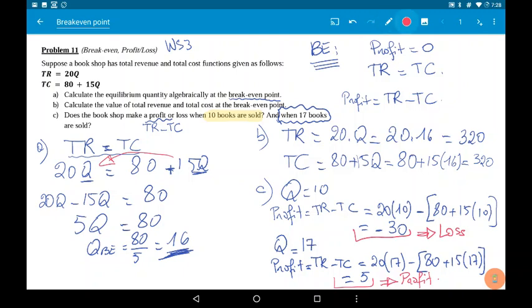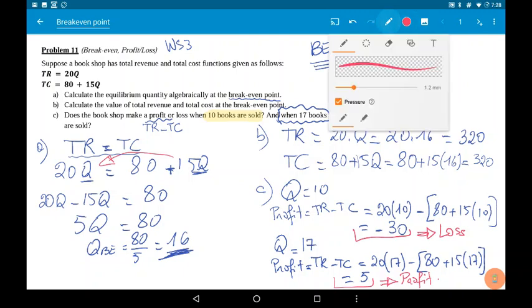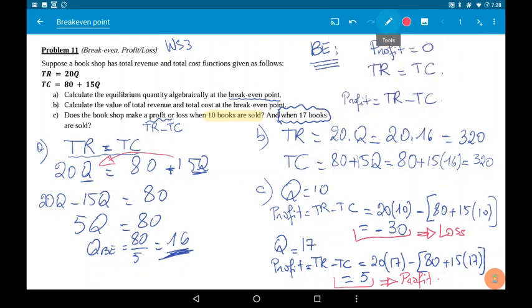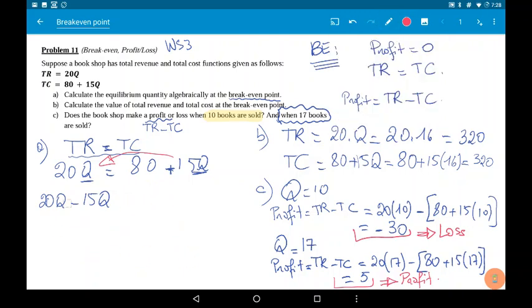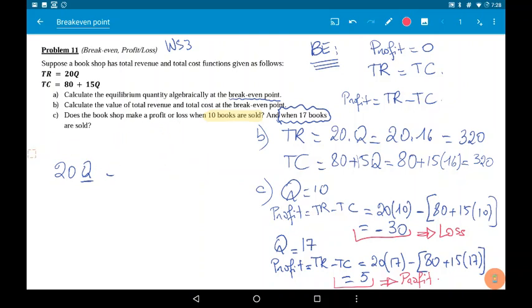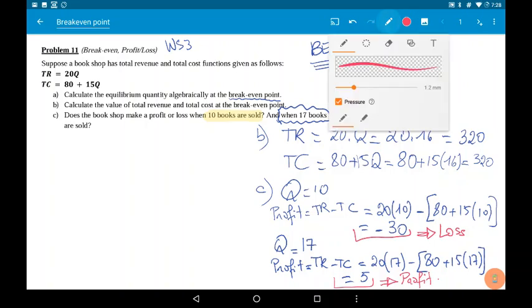This is it. I will add an extra question. Let's draw and show graphically the break-even point.